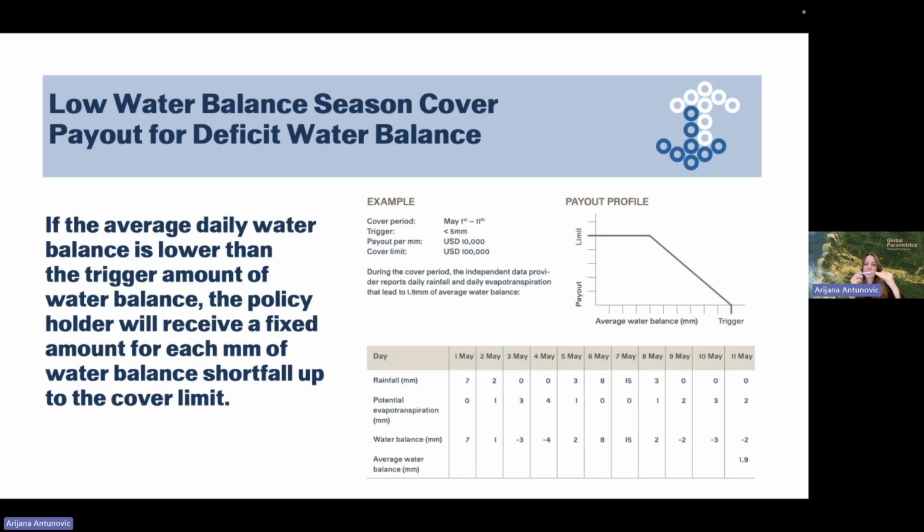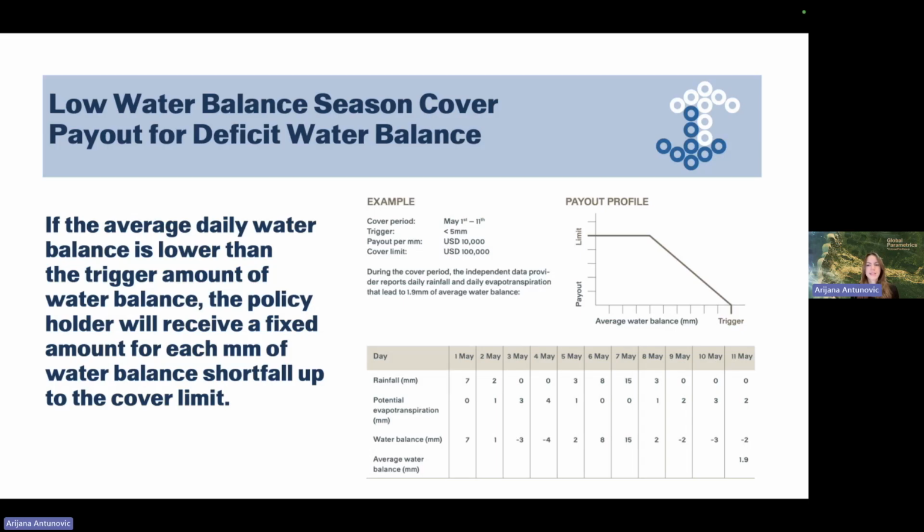Now, every time it drops below the average, let's say we have an attachment and the policy starts paying at, for example, a 5-year return period, or we might say a 10-year return period, and exhausts or reaches 100% payout, for example, at a 50-year return period. So this is how we introduce return periods to visualize the severity of the water balance index.